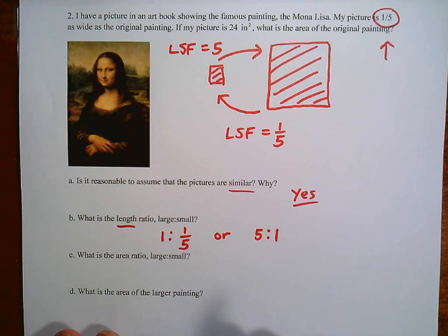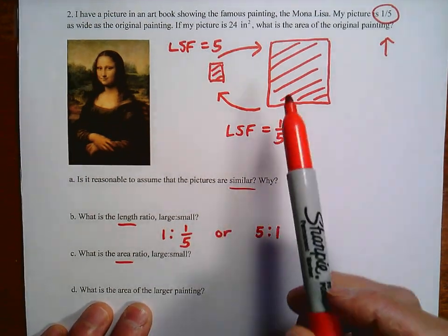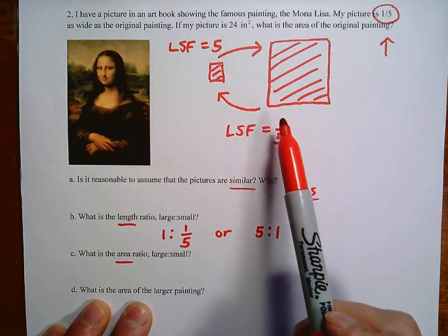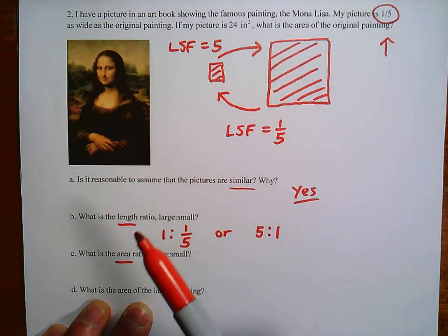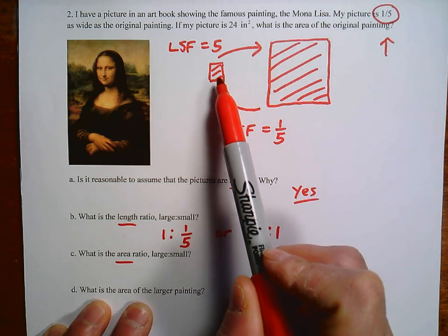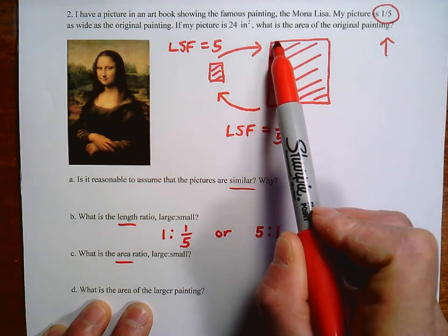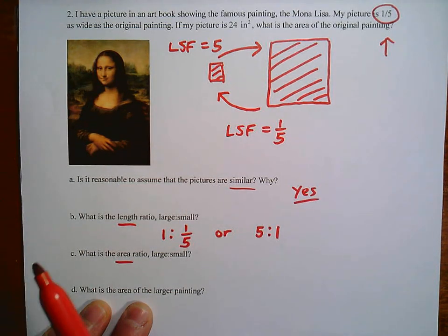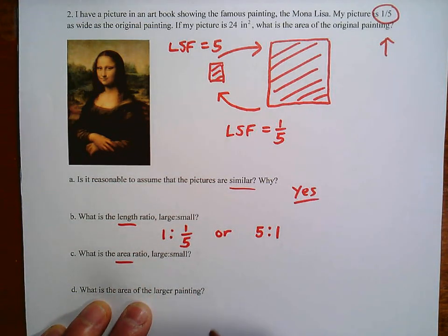All right, so question C is where it really gets important. What is the area ratio, large to small? If we look back at the imagery, if this is really 5 times as tall and 5 times as wide, then very similar to that Santa painting problem, that means with this small one here you can fit 5 times across, also 5 times on the vertical. So that means you can fit 25 of these little ones inside the original painting.